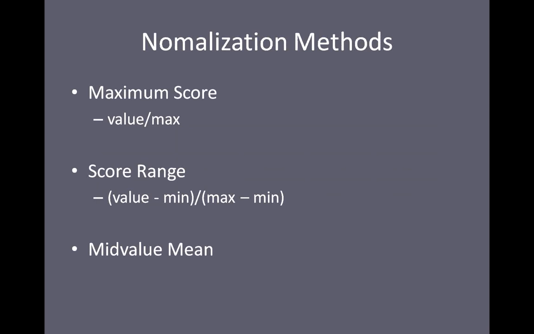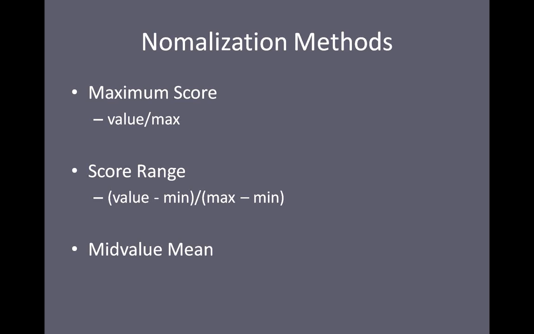Okay. So moving on, after looking at these values, we decided that we need to do something with them. We weren't exactly sure, but based on Randall's presentation a couple weeks ago, we saw all these three options from the MalGC model as an option. So maximum score, score range, and mid-value mean are three approaches that Randall's gone over. He outlines them on the website. And I think there's some webinars about them, although I haven't had the opportunity to watch those. So maximum score is one of the really common ones, and it's incredibly easy to do.